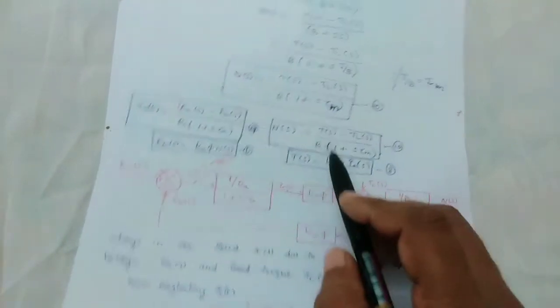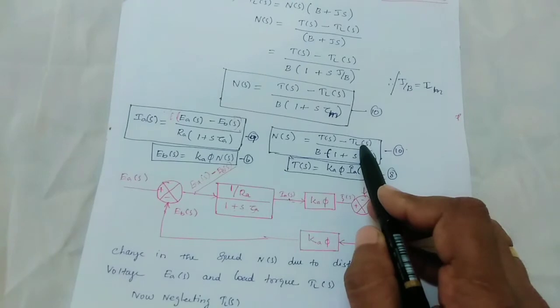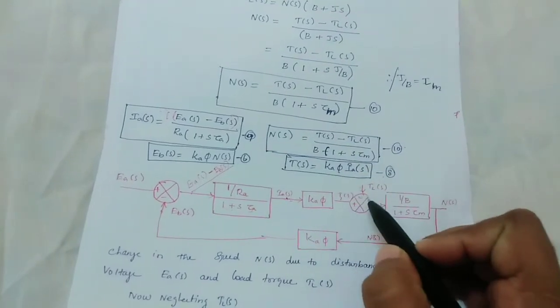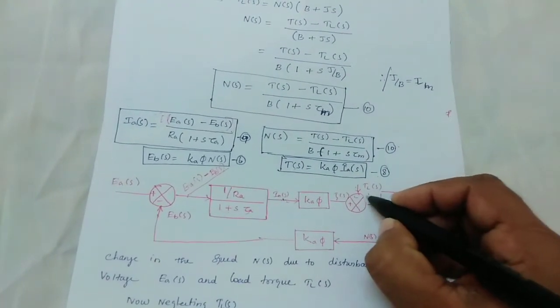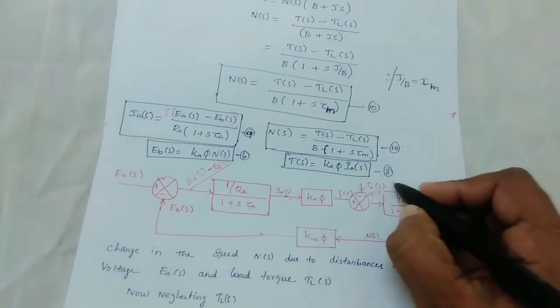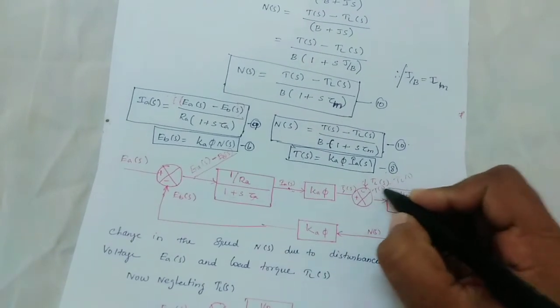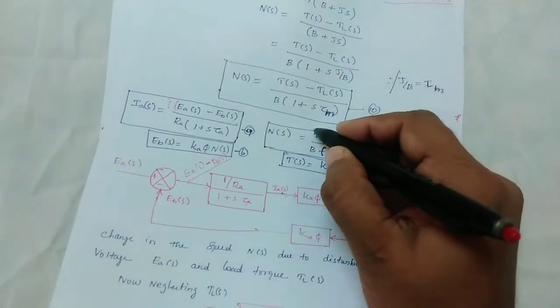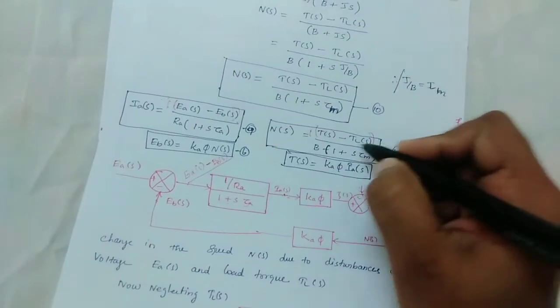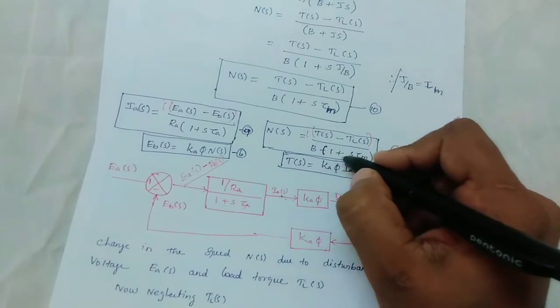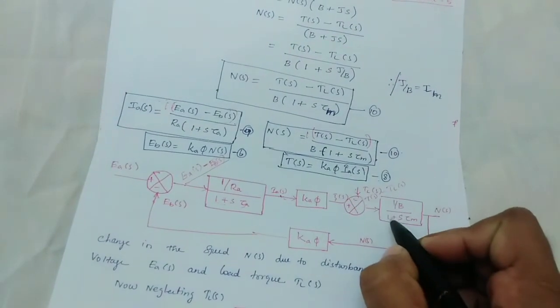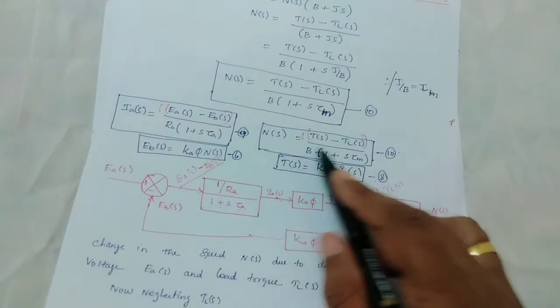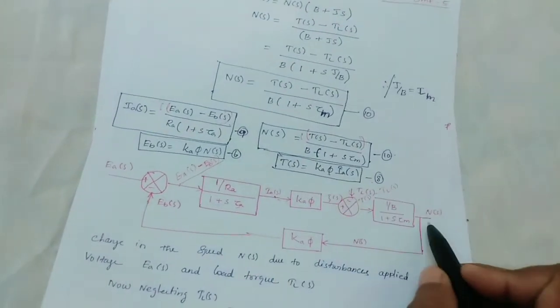Here T of s is compared with TL of s. This compared value, T of s minus TL of s, is once again multiplied with 1 divided by B into 1 plus s into tau m. In this term we get N of s.